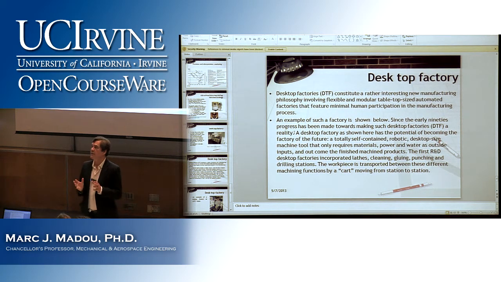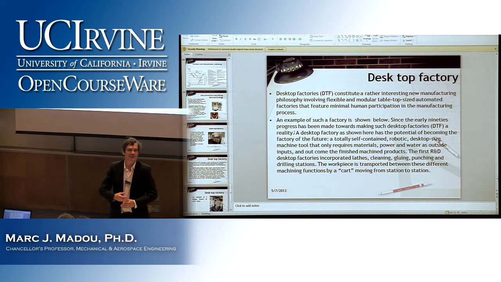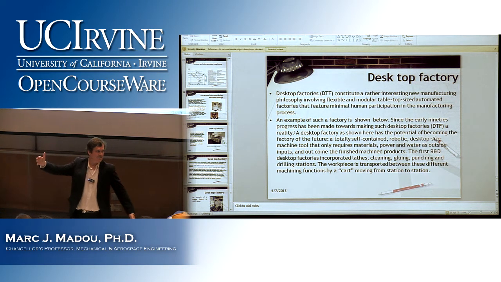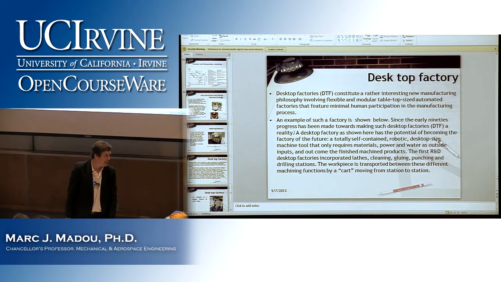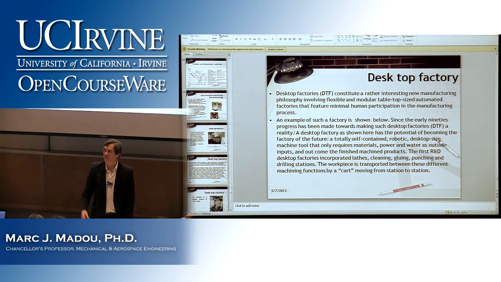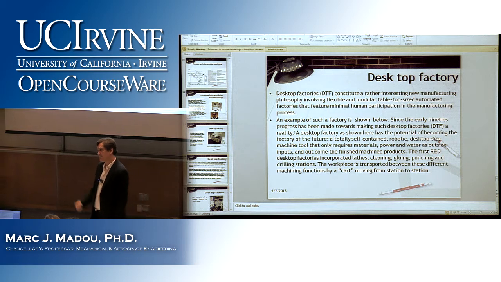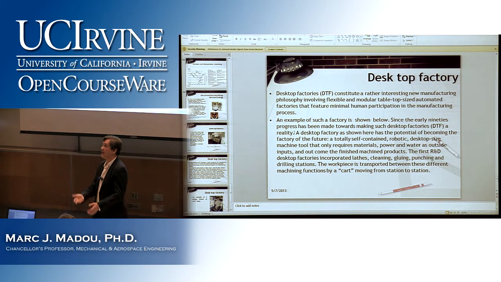There's actually books written about the idea that there should be a ratio between the thing you make and the size of the machine. It should not be like 1 million times bigger a machine than the thing you're making. So for people that have an interest in that, that's why the desktop factory idea came about.